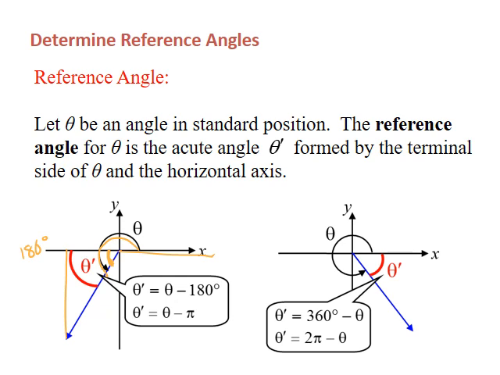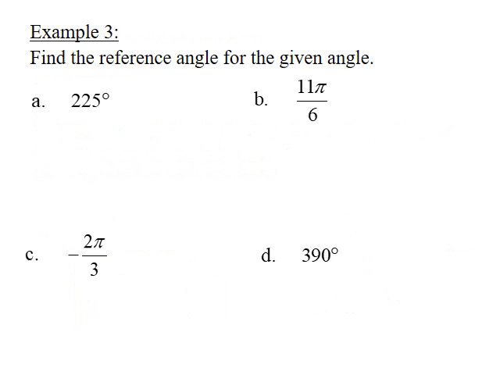Since we're in this quadrant here, we will take theta minus 180 degrees. Because theta is more than 180 degrees, so we are going to subtract that out. Over here, this is 360 degrees, so we need to take 360 degrees minus theta.